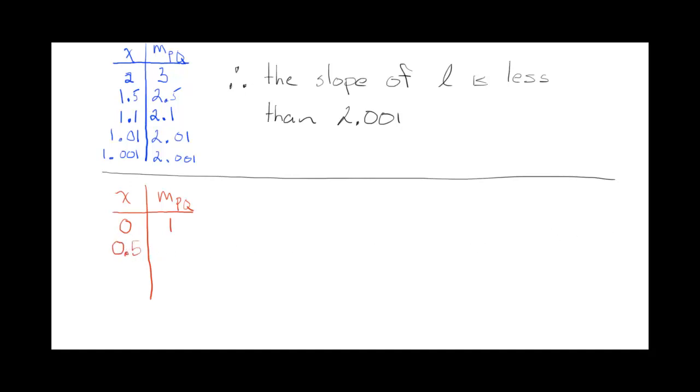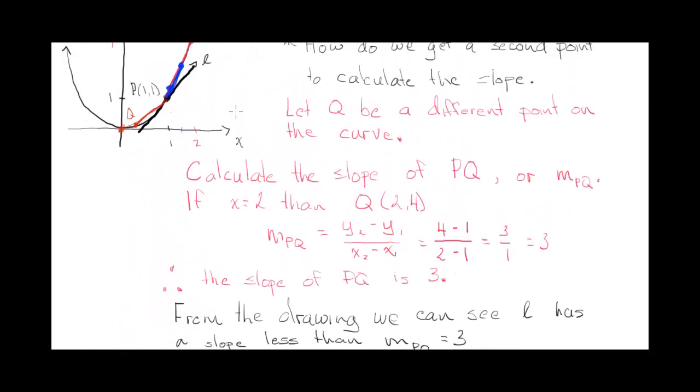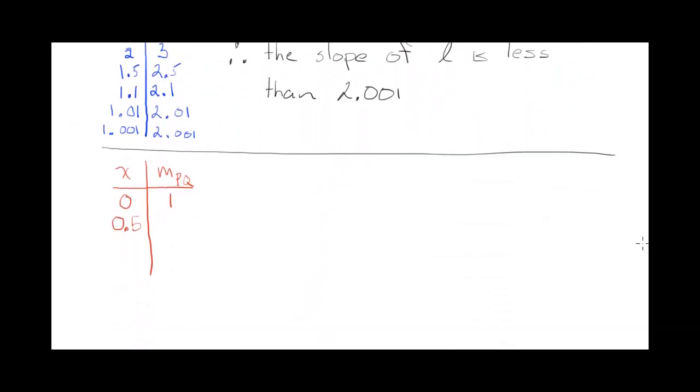So what if x was 0.5? So 0.5 would be like right around here, right? So that slope's going to be a little bit smaller than the first one we did, but it'll still be bigger than the L. So if I put 0.5, I'll do the slope calculation. You put it into that formula, you get 1.5. And again, you can go closer to 1. You can say 0.9.